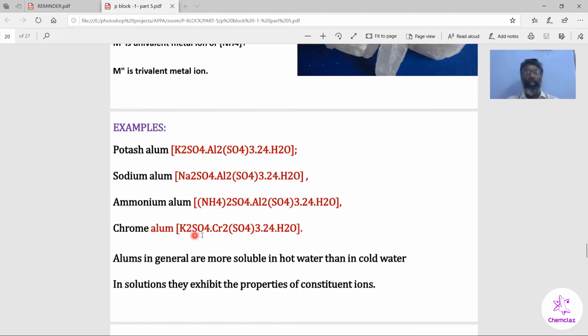Chrome alum, K2SO4·Cr2(SO4)3·24H2O. These are examples of double salts. Generally alums are more soluble in hot water than in cold water. When dissolved in water, they give the constituent ions like simple salts. Potash alum also dissociates into simple ions in water.